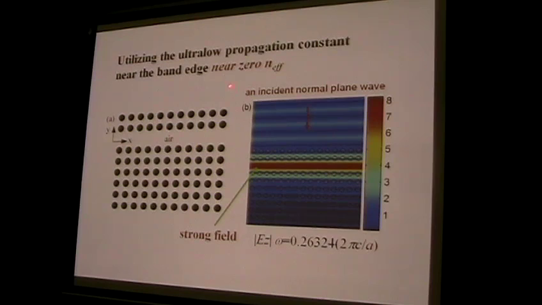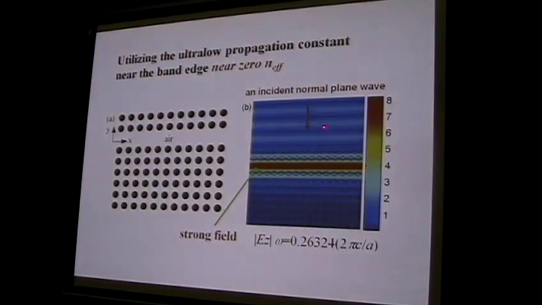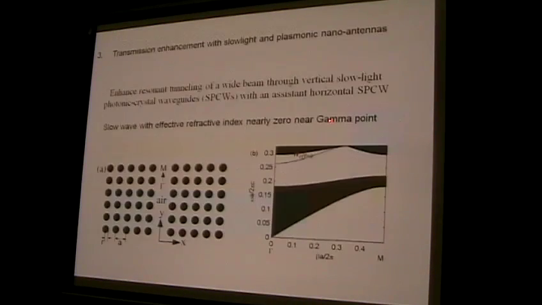So first we want to harvest the light into the horizontal region, and the way we did it is using slow light. Here, this photonic crystal, using the band structure at this point, the effective index will be nearly zero.